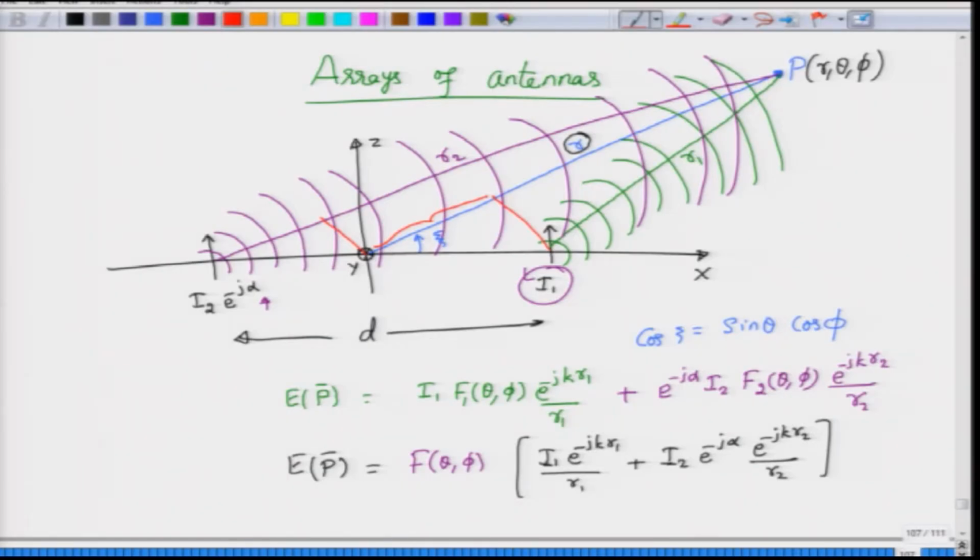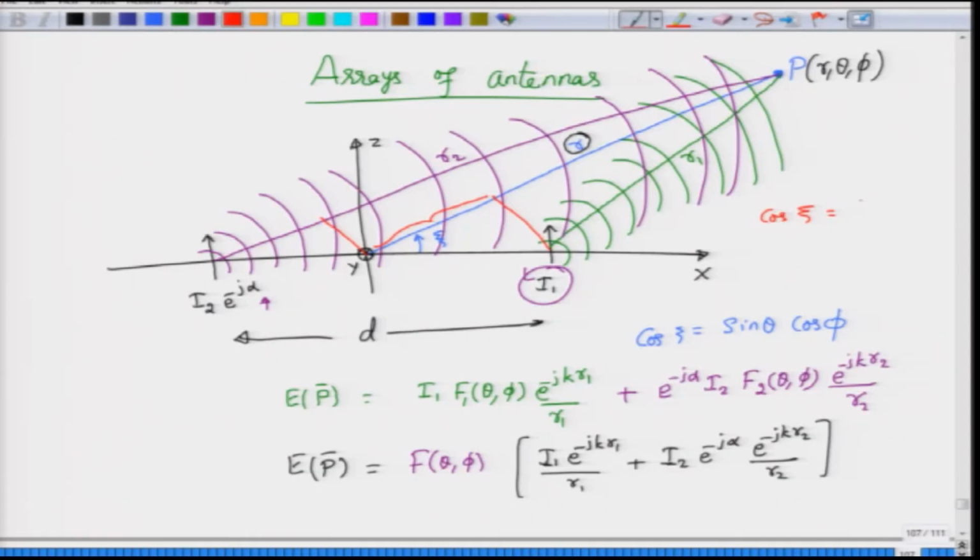Since it did not originate from the origin, and this angle from the x axis to the blue line is zeta, cos zeta is basically this adjacent to the extra length, right.